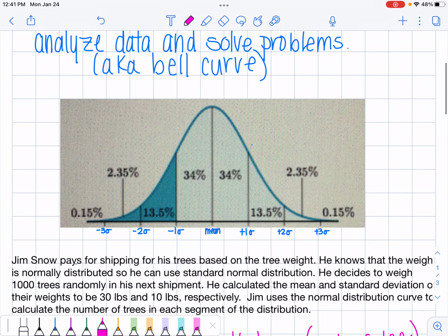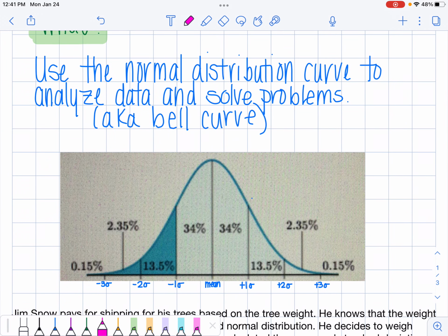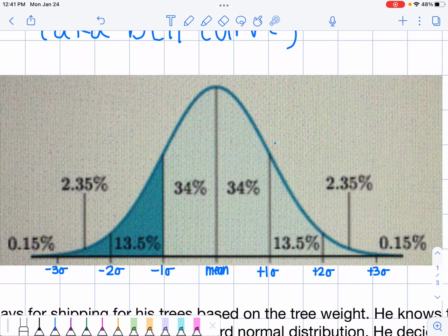So I put a copy of the standard normal distribution curve, also called the bell curve, here so we can look at it. I'm going to zoom this in a little bit. Right here, this line right in the middle, the top of the curve, is going to be your mean, which is your average.